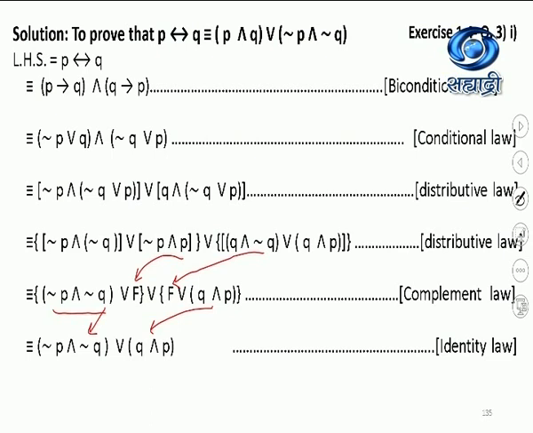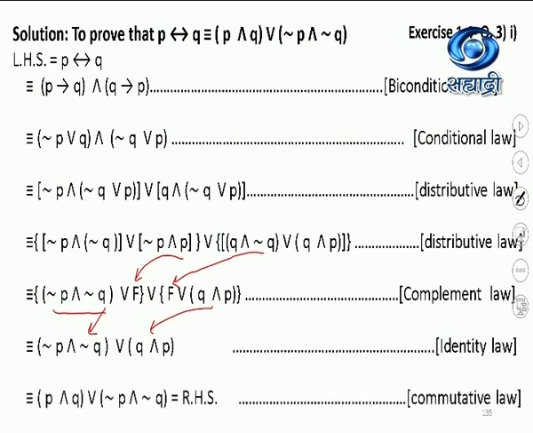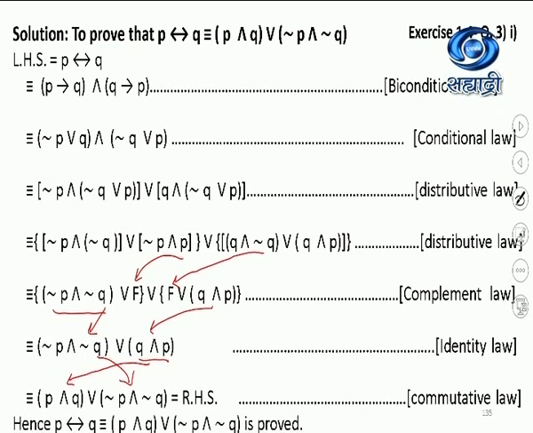So that rule I have used here in short as the identity law. And then it will be just rearranging the terms using the commutative law. Q and P is P and Q, or negation P and negation Q, which is your RHS. Okay. So that is how you will conclude the answer.